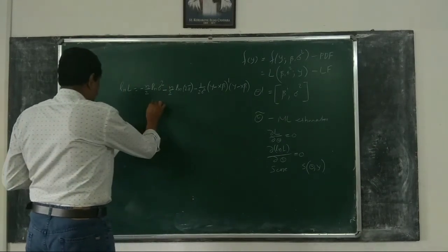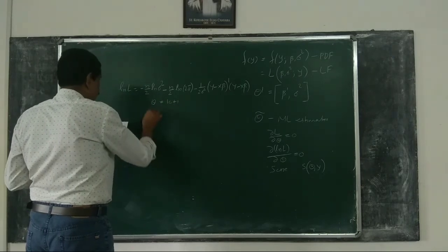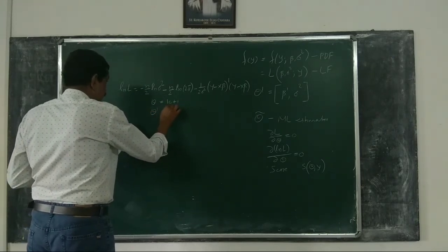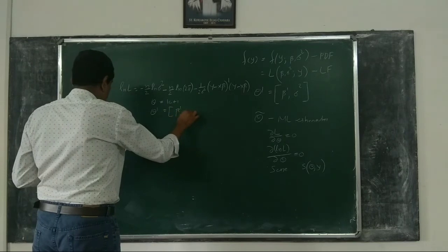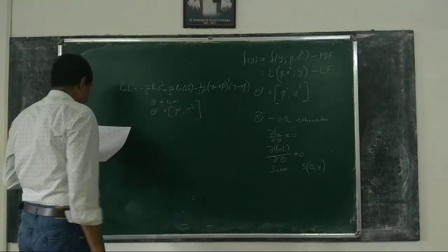And theta has k plus 1 elements. In our case, theta transpose is beta transpose, sigma square: k elements here plus 1.